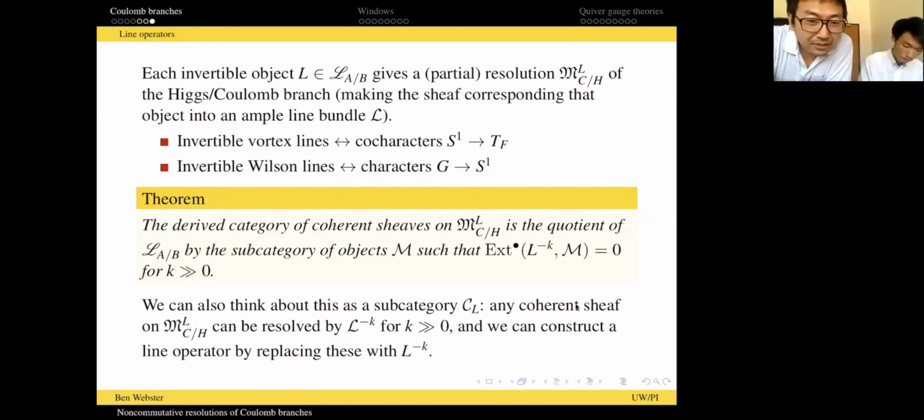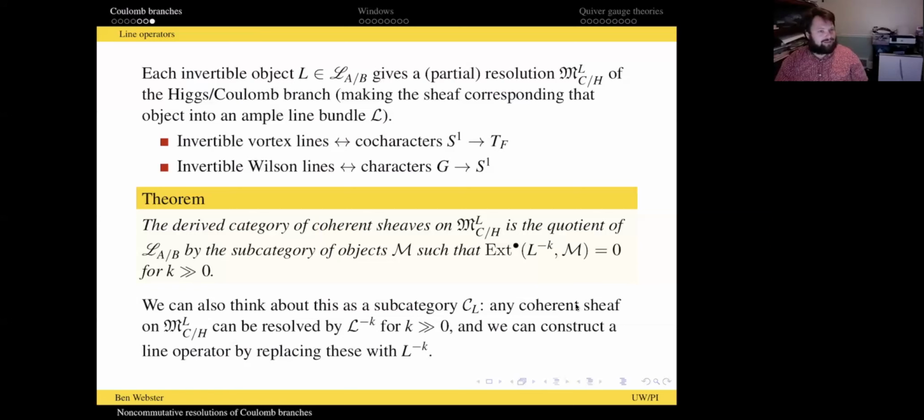So maybe one question. Are there objects that are not visible by any of these invertible lines? I think so. I would need to think about it a little bit, but yes, I think so. There are a lot of different D-modules on that loop space.